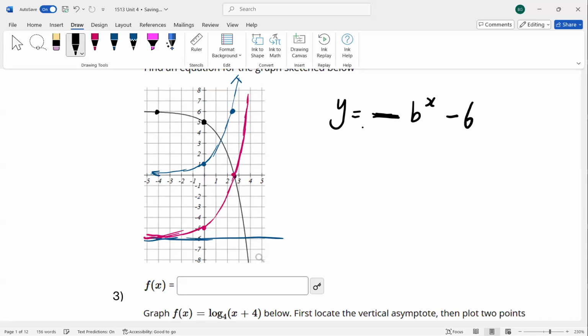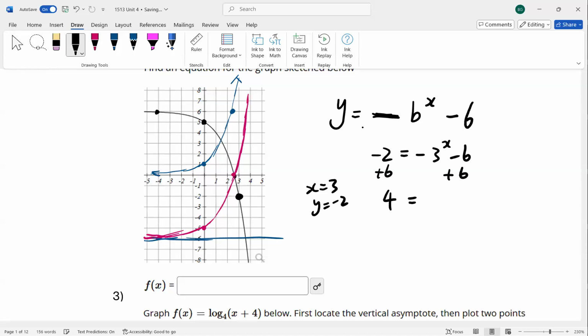And the base, let's see what the base is. I see this point: when x equals 3, y equals -2. Let's try to use that. Then we have -2 equals -3 to the power of x minus 6, plus 6.